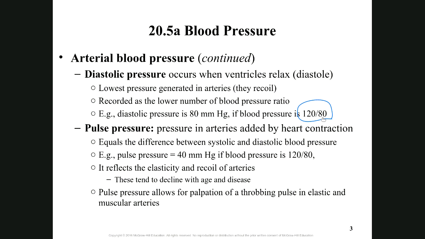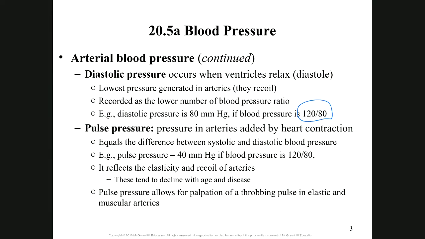We have a term which we call pulse pressure. The pulse pressure is the additional pressure placed on the arteries from when the heart is resting to when the heart is contracting. The pulse pressure is the difference between systolic and diastolic blood pressure.